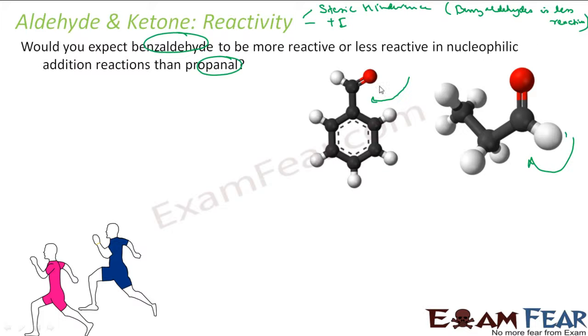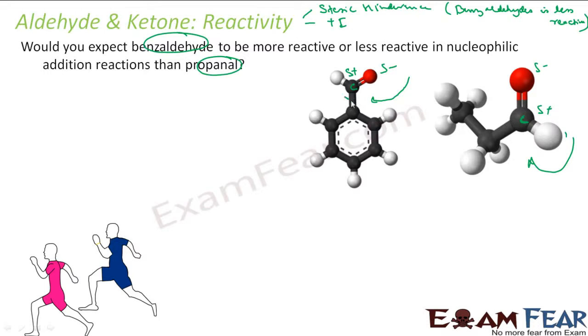Correct? Let's see the next parameter. The next parameter we have is the plus I effect. So this is my carbon, and this is the carbon I'm talking about. I have put this here in green. Now this benzene ring is electron withdrawing, and this carbon has slightly positive charge. We have seen slightly negative.